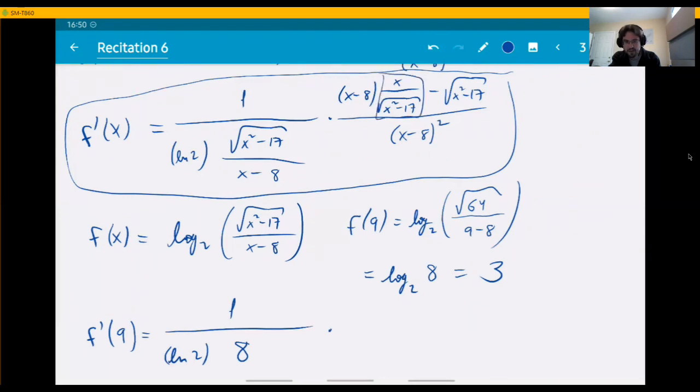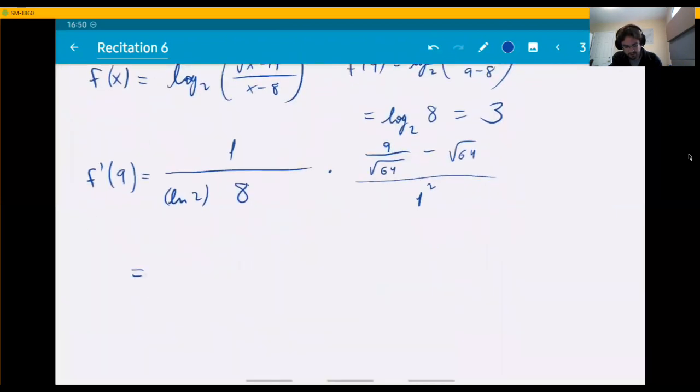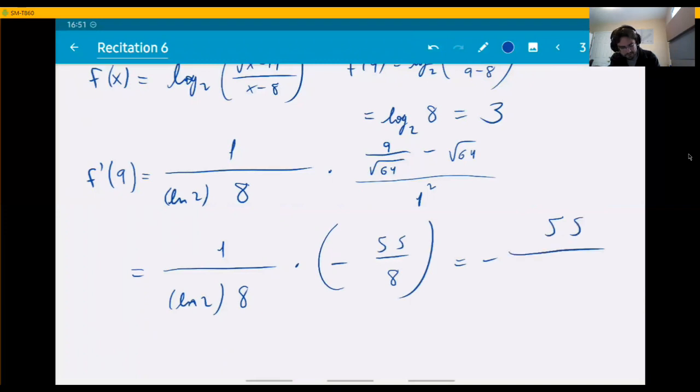So now let's look at this fraction, 9 over square root of 64 minus square root of 64 divided by 9 minus 8 squared. So you see, this is a number that we can perfectly compute. 1 over ln 2 times 8 times, 9 over 8 minus 8. This is like 9 minus 64 over 8. So minus 55 over 8, giving you the final answer for this derivative, and now you're almost done.